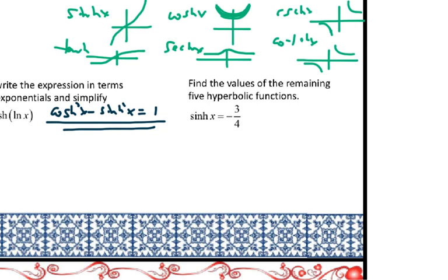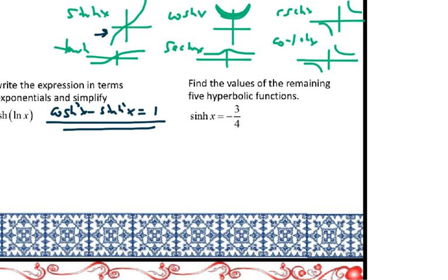So we start out with a sinh, and it's negative, which means it's left of the y-axis. This is where the negative sinh would be. But when I find cosh, that's just going to be this right here. It's always positive. We need to know that when we find our cosh value.